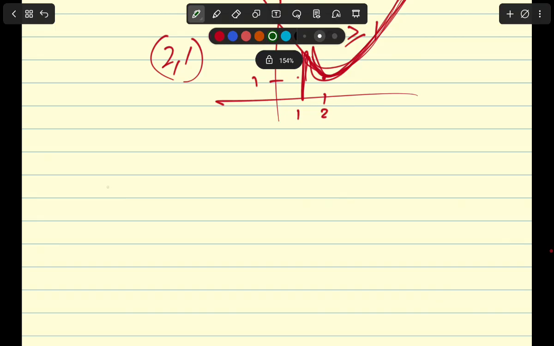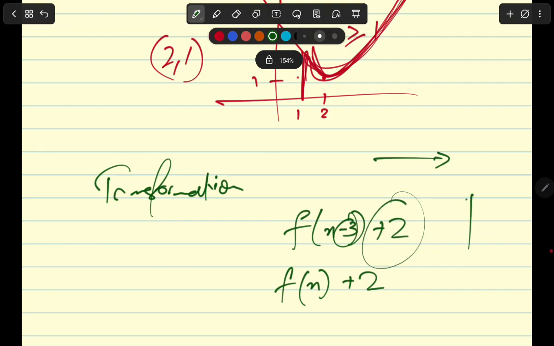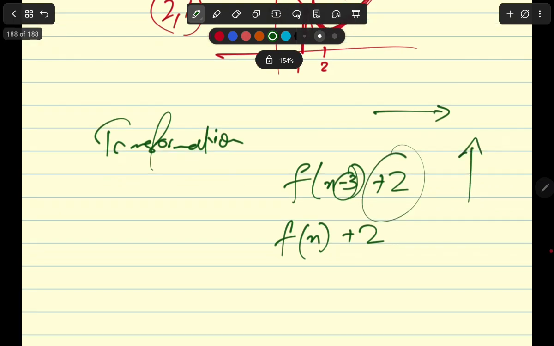So our next topic is going to be on transformations. And you'll discover why f of x minus 3 plus 2 is not the same as f of x plus 2, right? I will tell you that y minus 3 moves the curve right by 3 units, and y plus 2 moves the curve up by 2 units, and we are going to discuss that in detail.